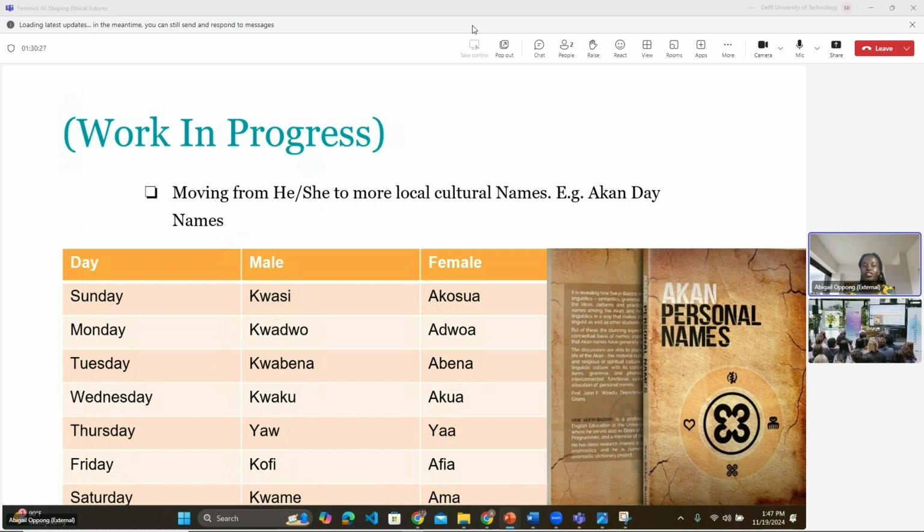For instance, we have the names for days of the week for everybody, where the male and female have different names. So I thought, why don't I work around this and see how best it will work? With this one, I made reference to a professor who works on Akan personal names. Twi is a language from the Akan community.